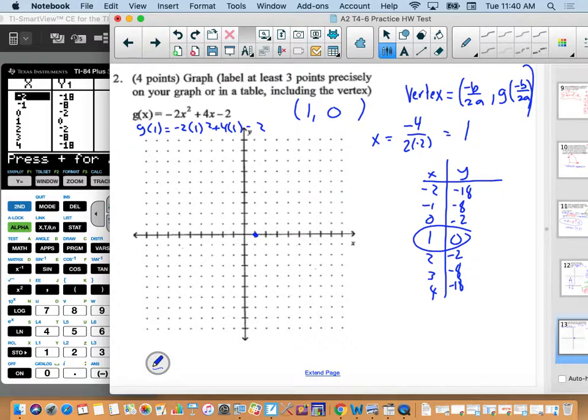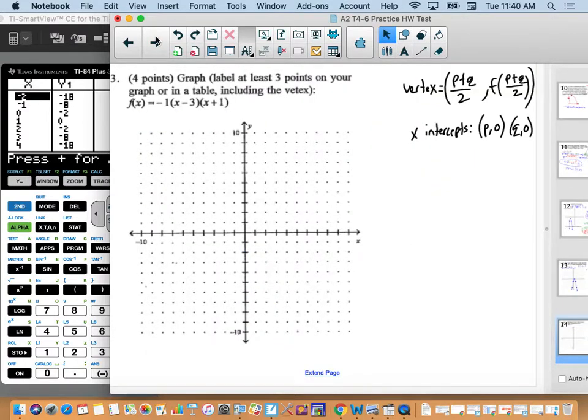So I've got 2, negative 2, 0, negative 2, 3, negative 8, and then negative 1, negative 8.